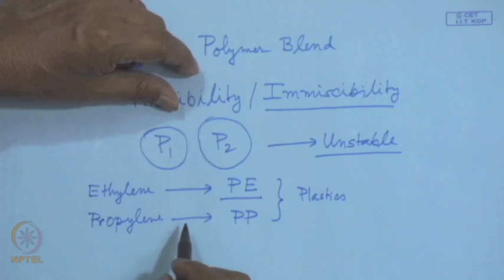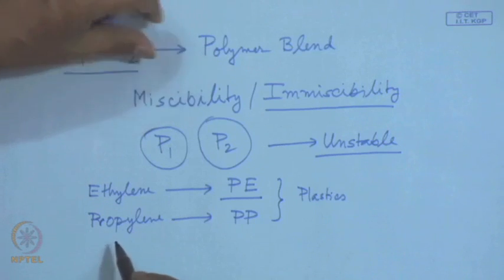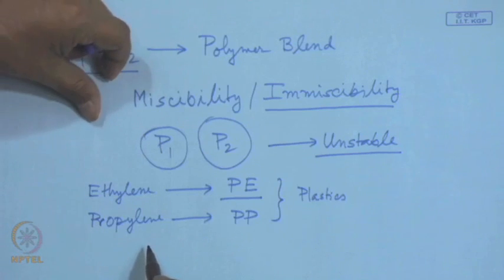if we want to have multi-component polymers, that means in one polymer there can be more than one component. Say we want to have an ethylene component in the polymer along with a propylene component in the polymer.